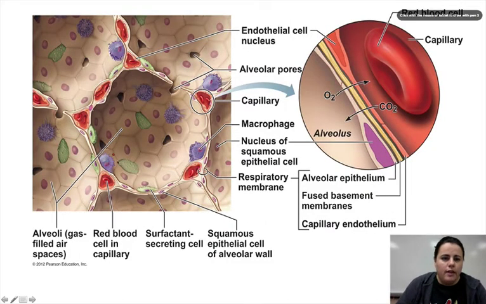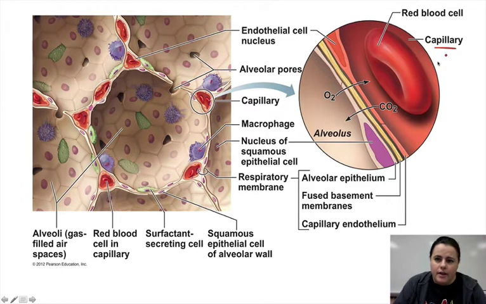So we have one alveolus, and you could see that the red is representing the capillaries, and there's some special cells in here that are macrophages to make sure they get any pathogens that are coming in. But if we zoom in on the walls of the pulmonary capillary and the alveolus, you could see how thin they are, and you're going to have that gas exchange between them via simple diffusion.